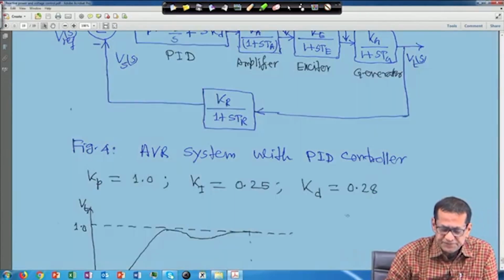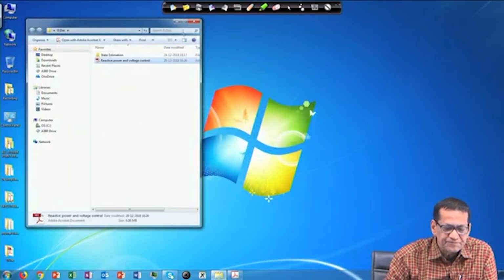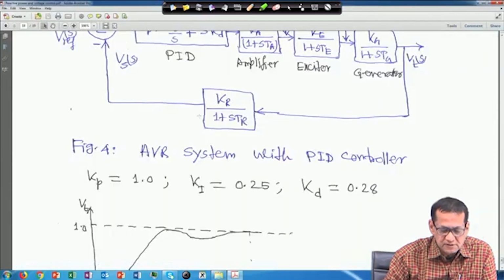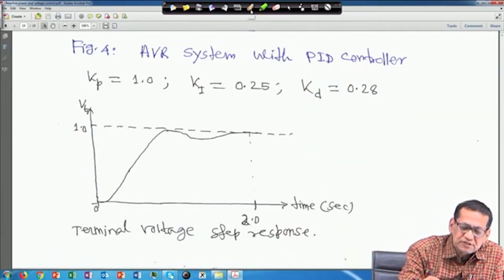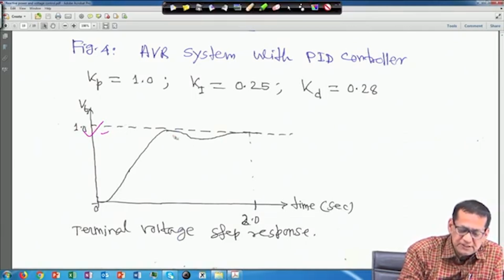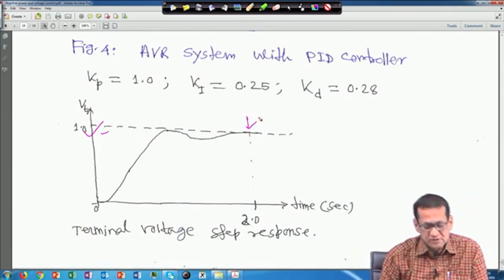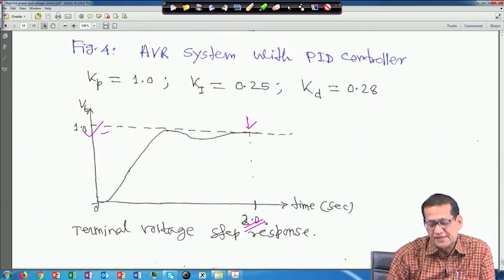If you see this, then you will see that Vt, that is 1.0. So, with the PID controller it is actually settling to 1.0, and it is settling at nearly 2.0 seconds.